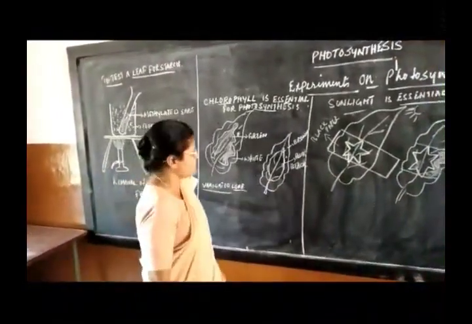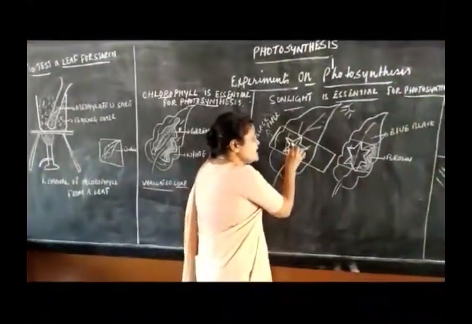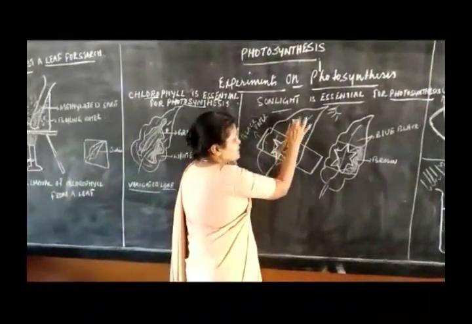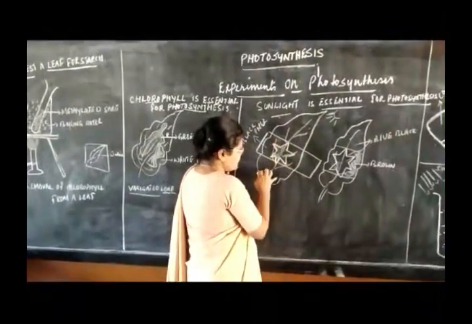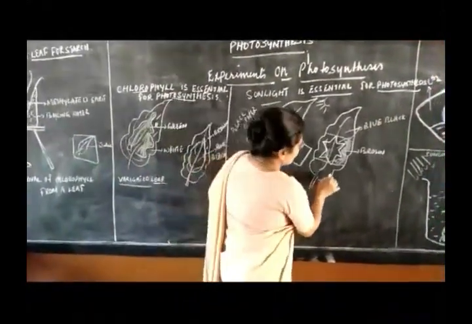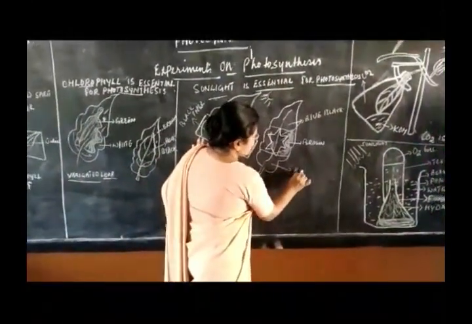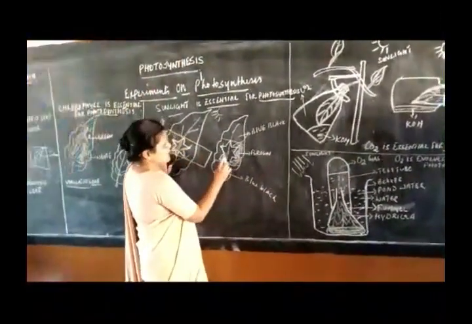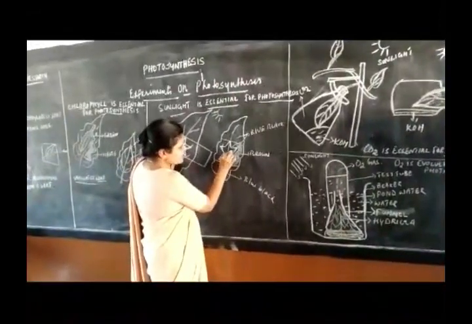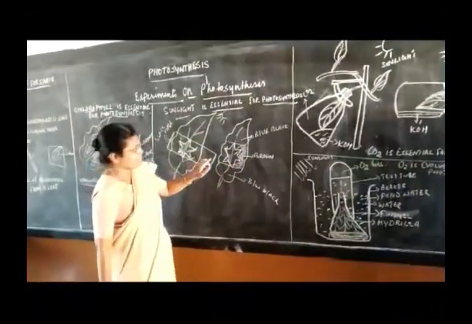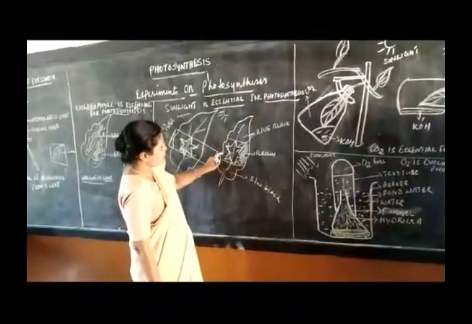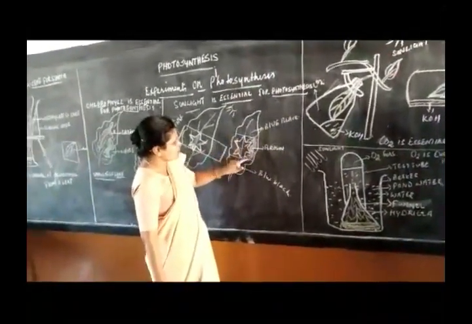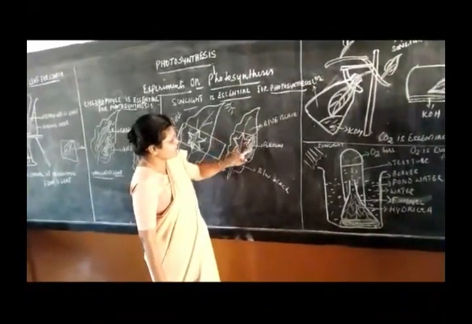Here you will note the difference: inside this star, because this part was not covered with the black paper, it turns blue-black. But wherever it was covered with the black paper it remains brown, because this zone did not get the sunlight.